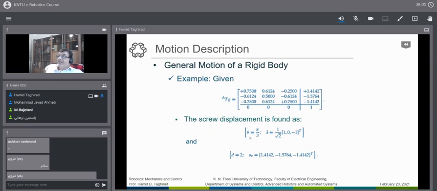You can find that this is a very simple rotation of pi over 3, 60 degrees, along a line which is (1, 0, -1). It is a simple line in space. Of course, we have normalized it to have a unit vector here. So we have a finite rotation of 60 degrees along a line.